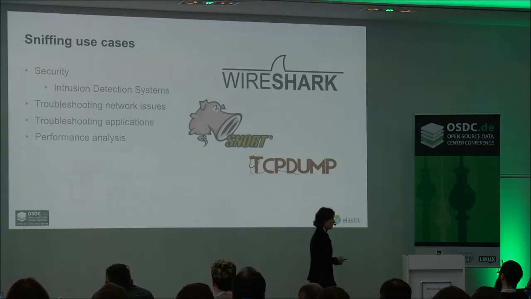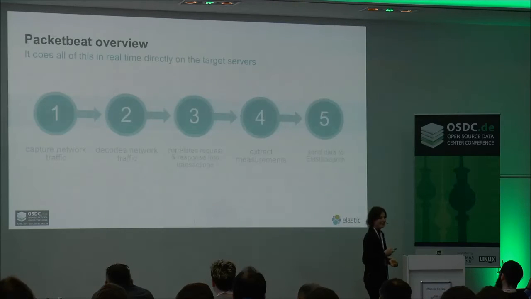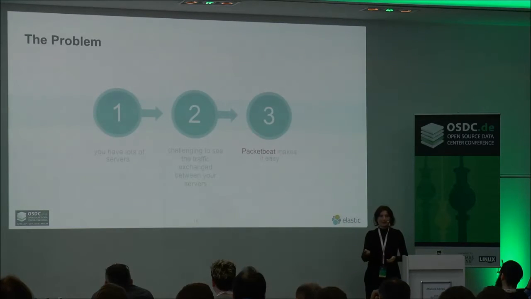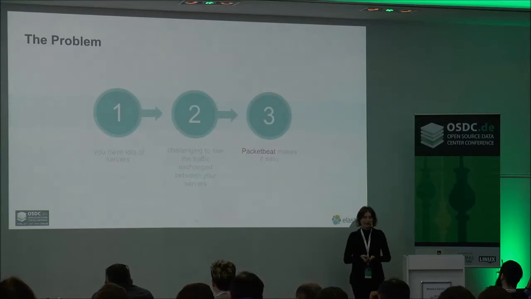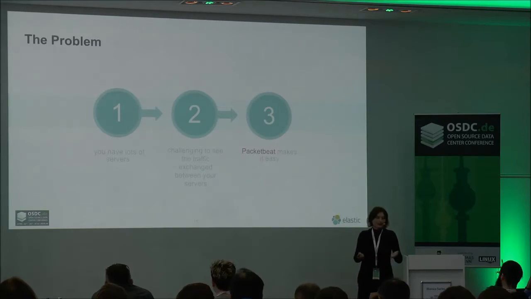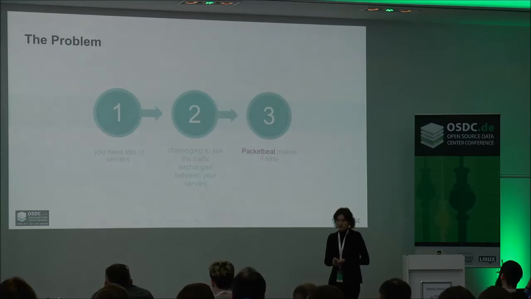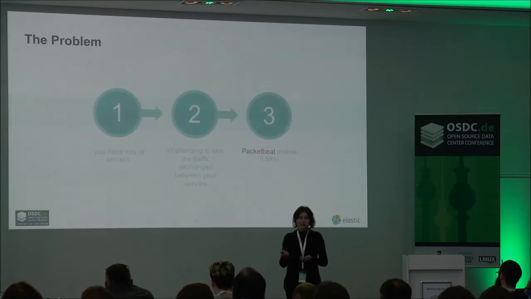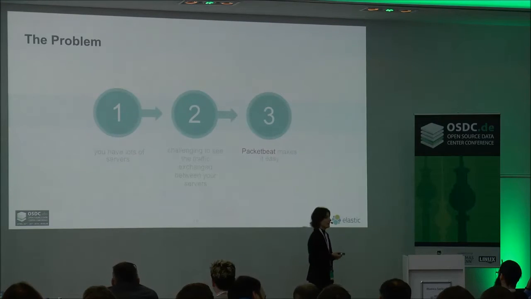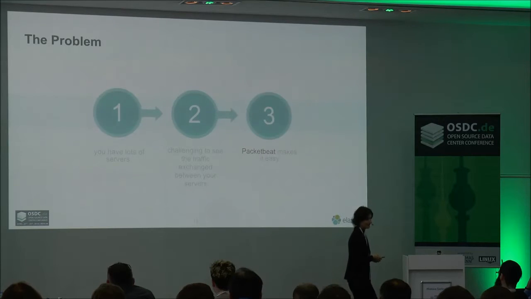In case you have quite many servers, this might be a challenge, right? So this is a problem that Packetbeat solves. In Packetbeat, you are able to visualize your network traffic in real time.